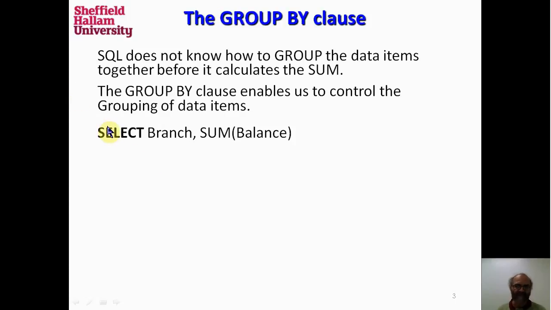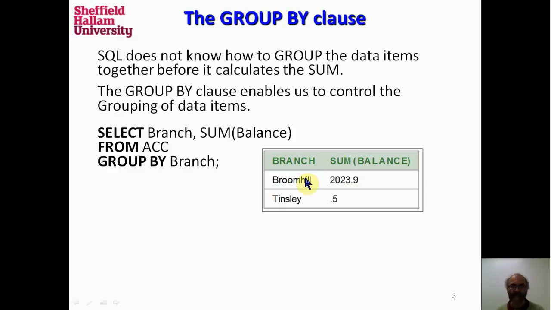So I still select the branch and the sum of all the balances from my table, but I also put in the group by clause, group by branch. If the data is grouped by branch, then there'll be a row for every branch, that's 2 of them, and in each row the sum of the balances for Broomhill and for Tinsley.